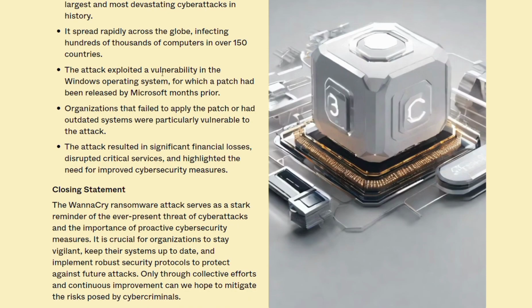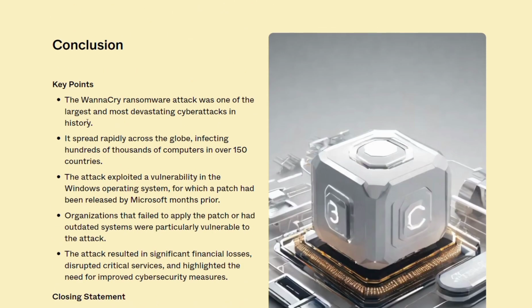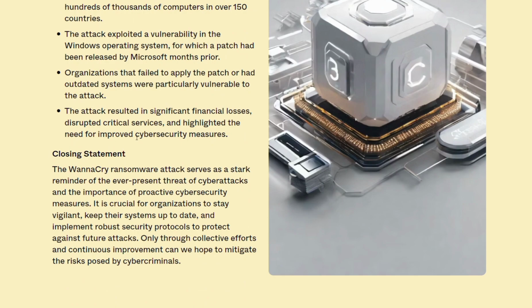The attack exploited a vulnerability in the Windows operating system, for which a patch had been released by Microsoft months prior. Organizations that failed to apply the patch or had outdated systems were particularly vulnerable to the attack. So these are the conclusions.